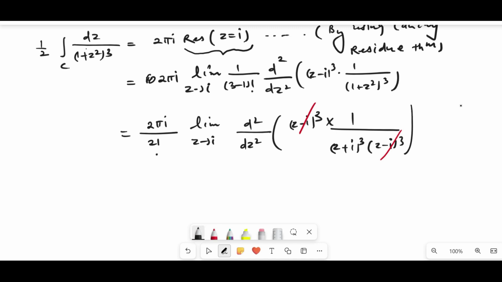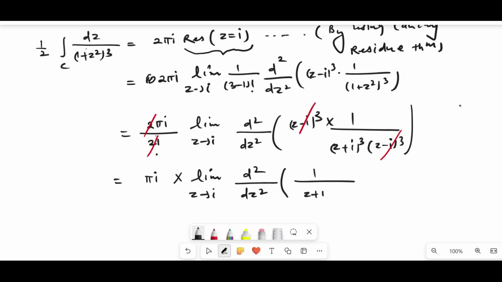Also the 2 gets cancelled out. So we will get pi i multiplied by limit z tending to i of d2 over dz square of 1 upon (z plus i) to the whole power 3.